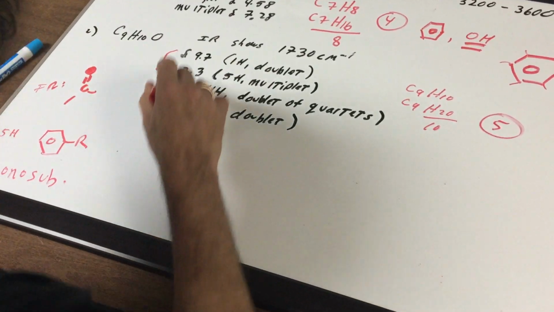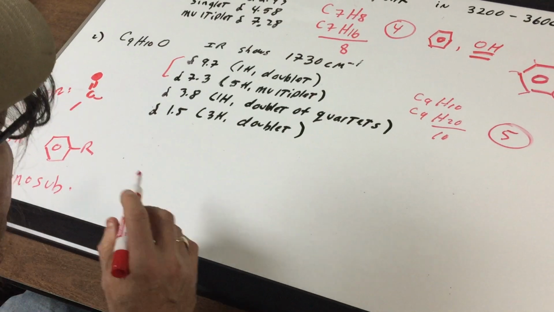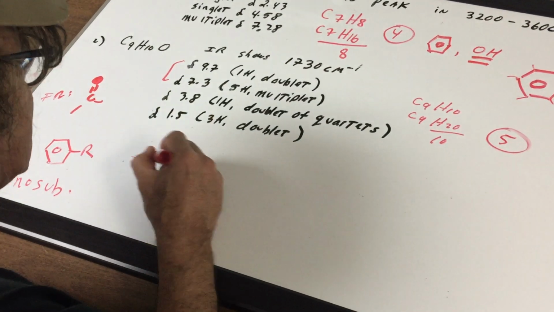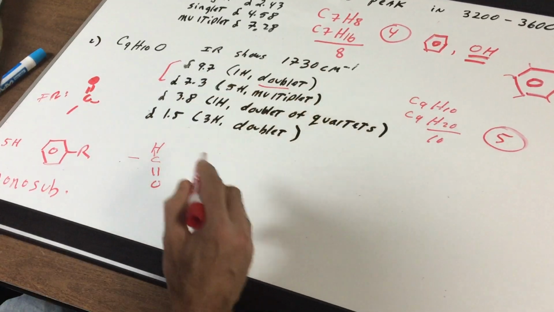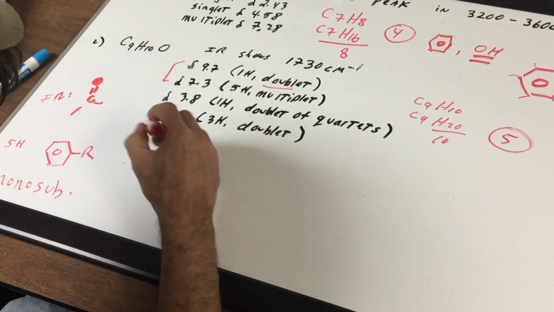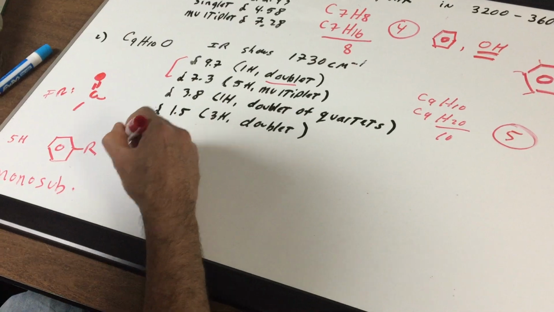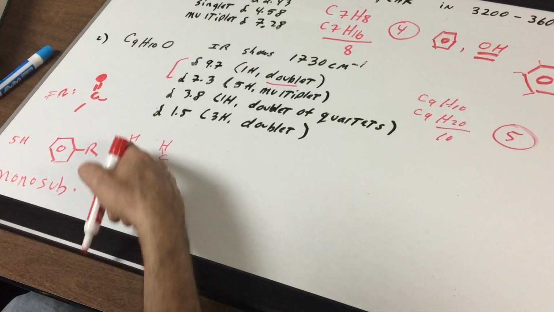The next thing I look for, I see 9.7, and that suggests an aldehyde group. But be careful, an aldehyde group that gives a doublet must mean that it's next to a CH unit, 1 CH unit.